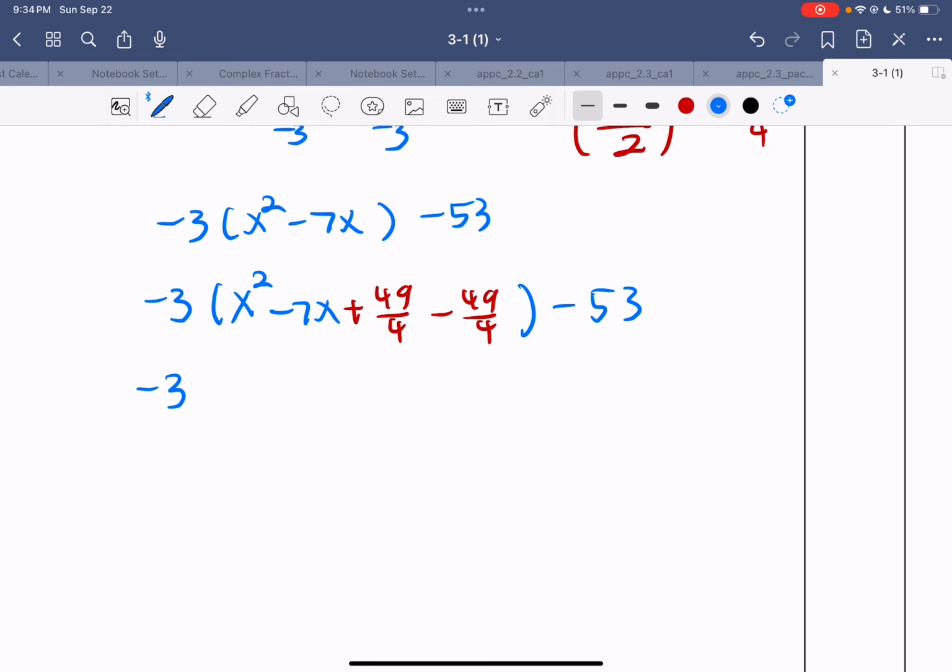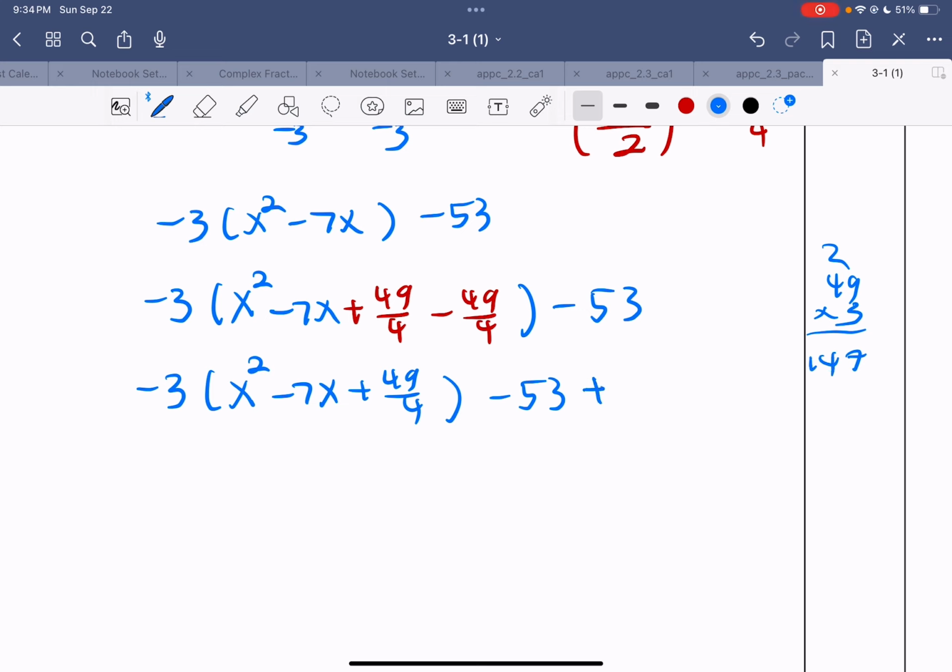So you get plus 49 over 4 minus 53, negative 49 over 4, and when you multiply this one, what's 49 times 3? Negative times negative becomes positive, positive 147.